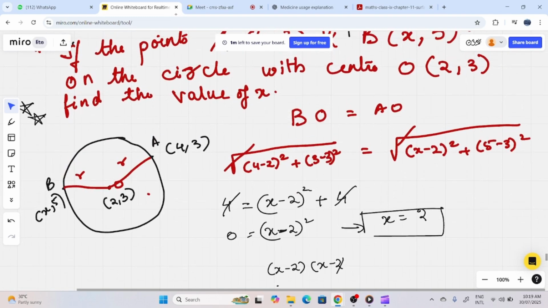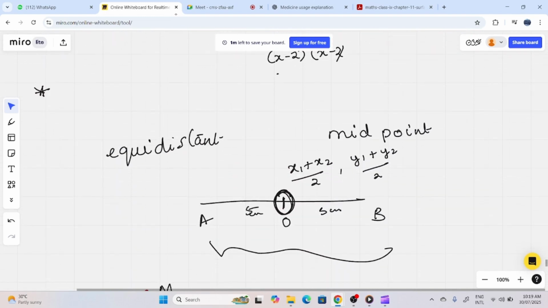The bottom one is the midpoint formula. Yes, I'm done.